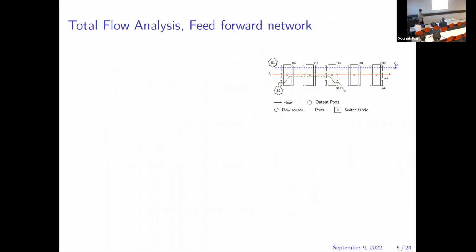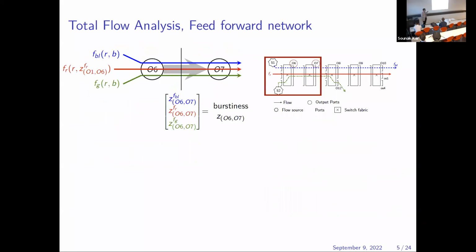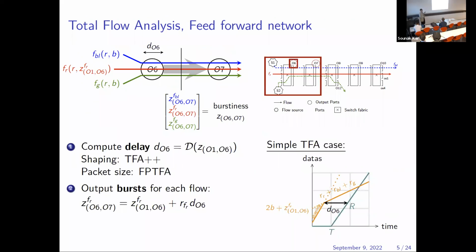We want to apply total flow analysis on this network. Let's focus on the first two output ports. Total flow analysis will first compute the delay. We have the delay function, which depends on the input burstiness for each flow. TFA++ and FP-TFA take into account the shaping effect of the packetizer to compute the delay.